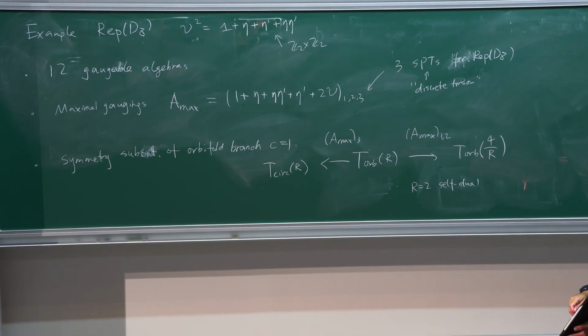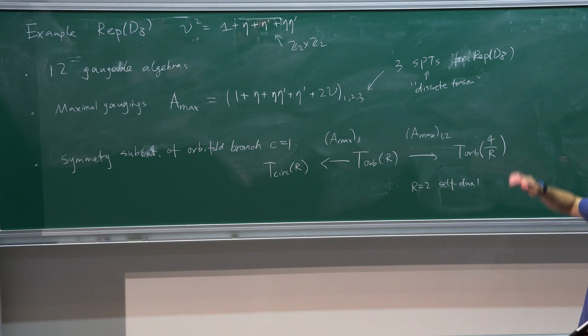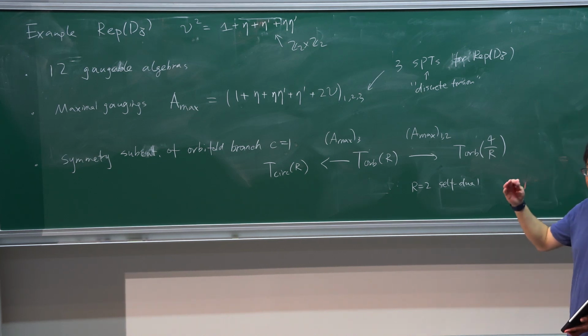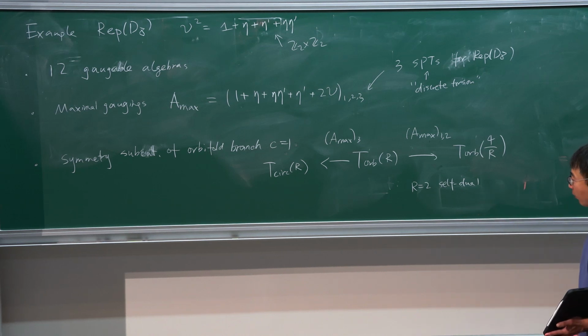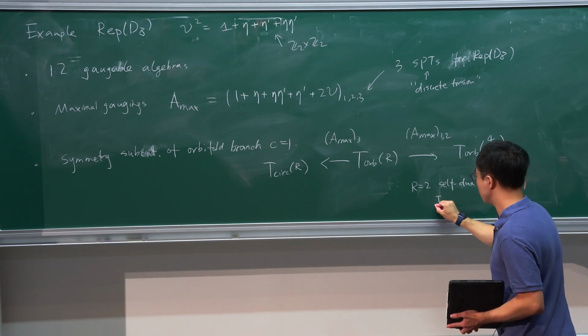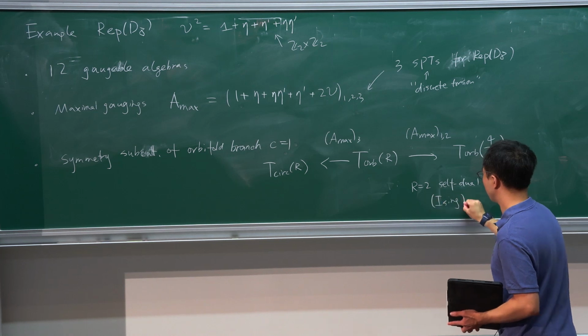Under this process, and from the half-gauging procedure that we described above, this implies there's an even bigger symmetry at that point. And that point is the Ising squared point on the orbifold branch.